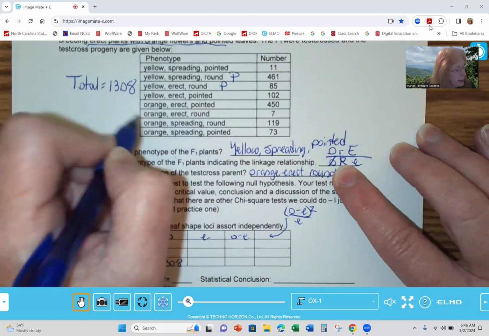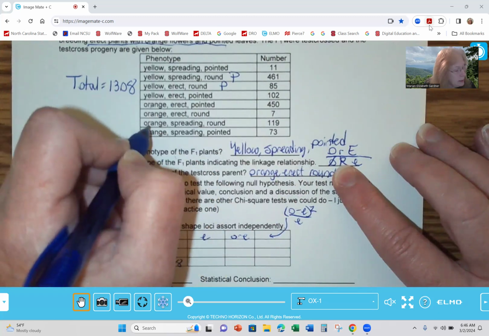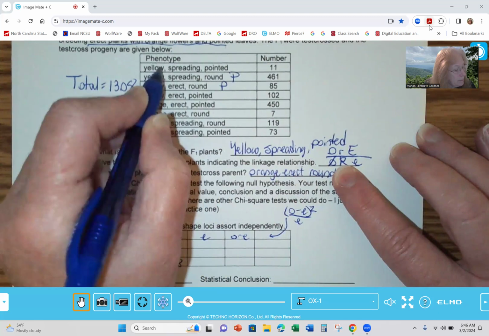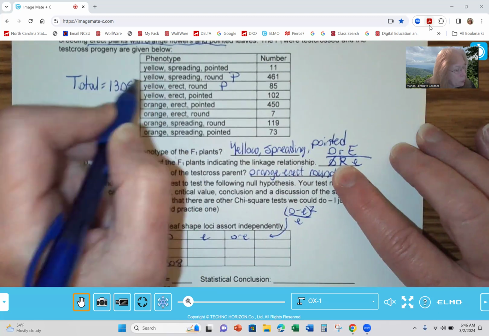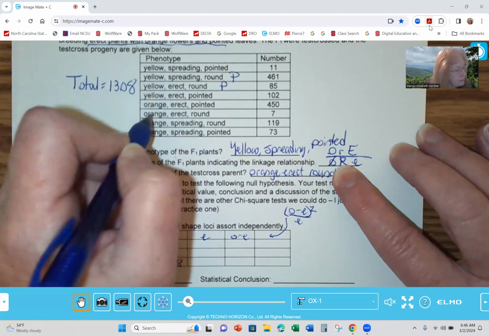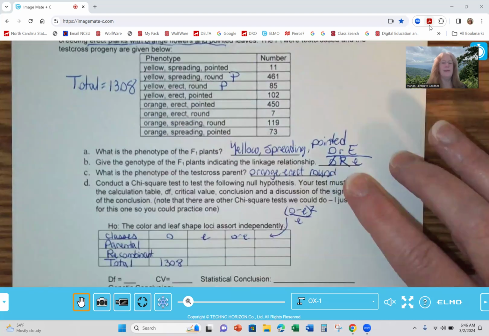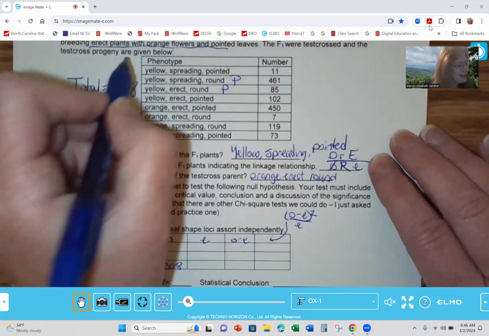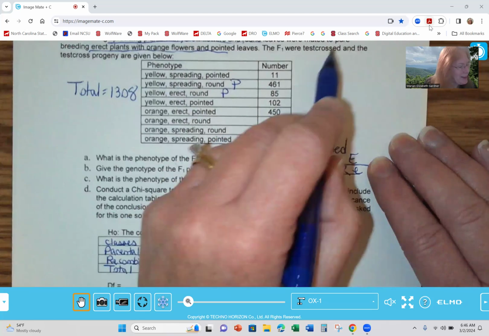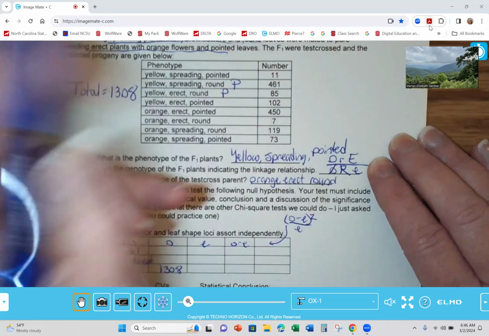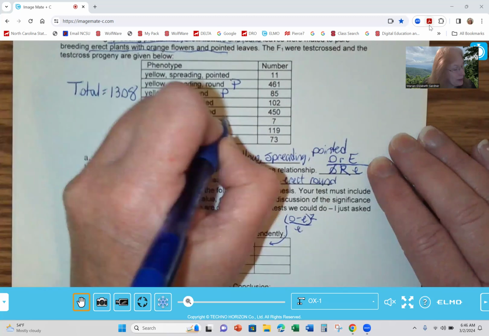Let's see, yellow erect, yellow spreading, there should be 4. Of course, that's one of them. We have to look for the other 2. So yellow round, and the other purebred was orange pointed. So we do need all the orange pointeds.